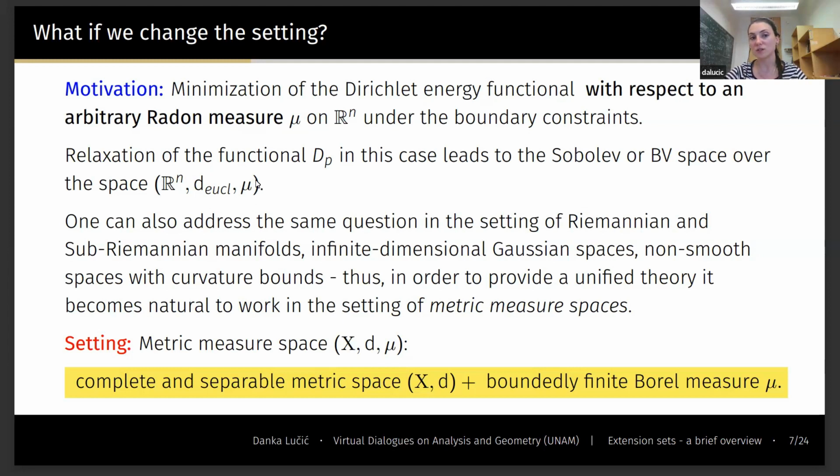And this is just a specific case of a metric measure space that we are going to see in a moment. Also, we do not want to stay only on Rn, but maybe our domain can be some domain in a Riemannian manifold, or a sub-Riemannian manifold, or an infinite dimensional Gaussian space, or a Gromov-Hausdorff limit of Riemannian manifolds with some curvature bounds, which leads us to the setting of non-smooth spaces with curvature bounds.